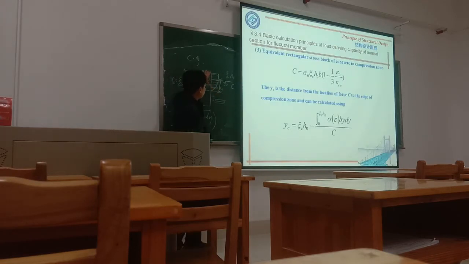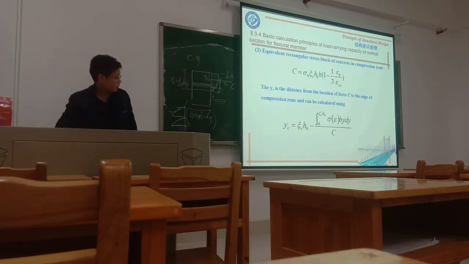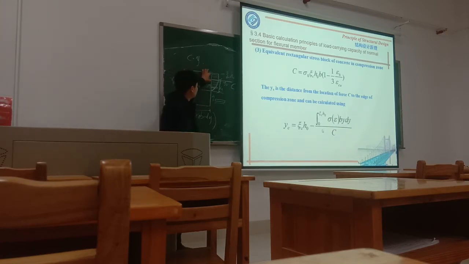So for this formula, the purpose is to get this action point of the compression force. Which one do you use for this force? The resultant compression force or the resultant force. You can use this one? Okay. So through this formula, we can get the action point for this compression force C. Then, got this value, we know this YC, the action point to the edge of the compression zone.